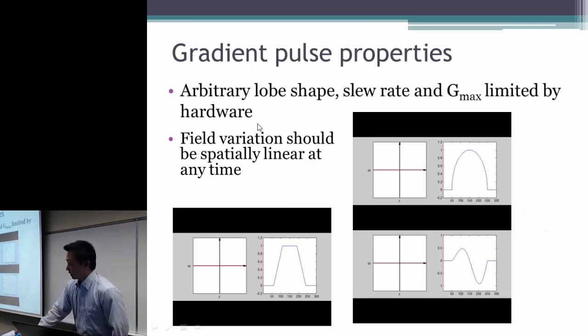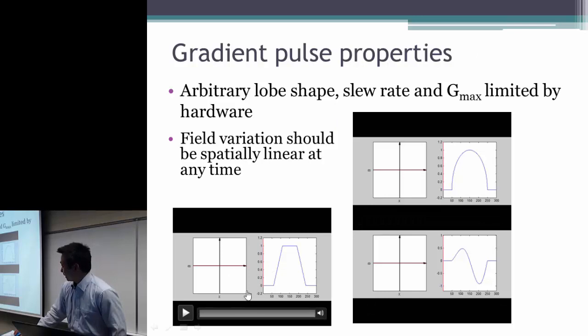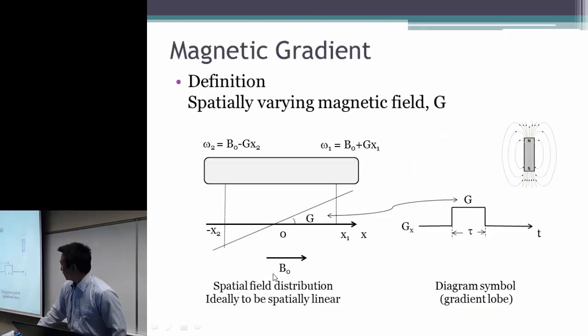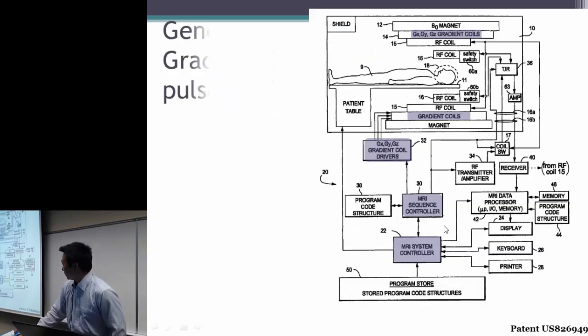The gradient pulse can actually have an arbitrary shape. The slew rate means how fast it can be switched on and switched off, and the maximum intensity is limited by the hardware. Usually when we denote a gradient pulse, this is more of a symbolic denotation.